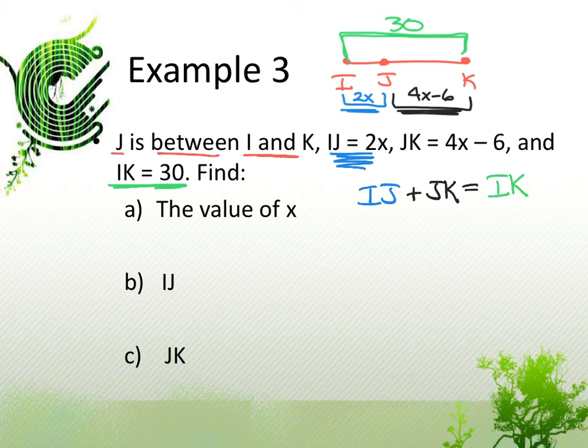So now I'm going to take IJ, it's 2x, JK is 4x minus 6, and then IK is 30. So I've substituted right now.